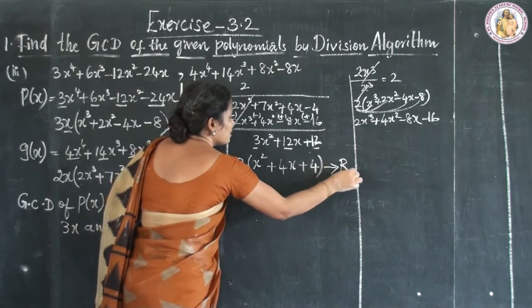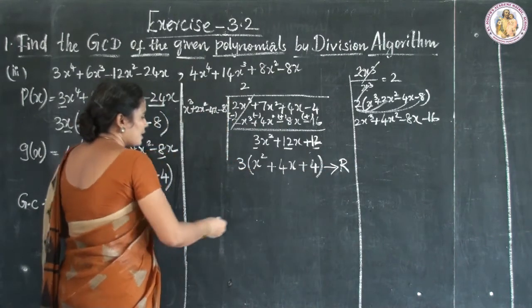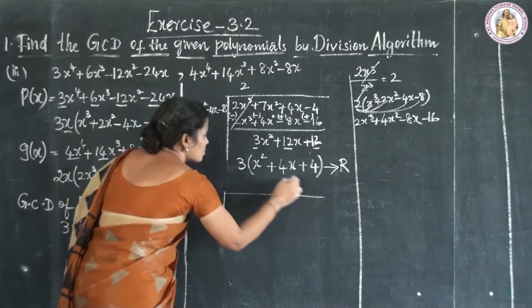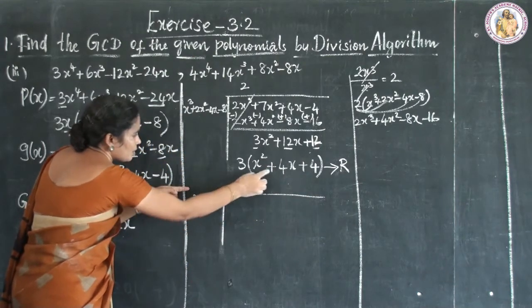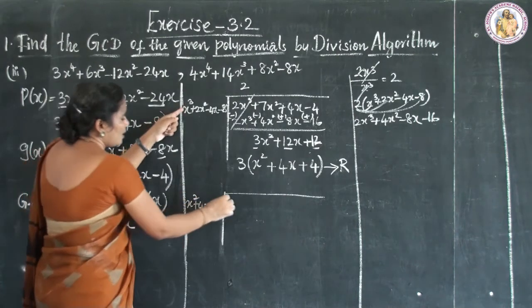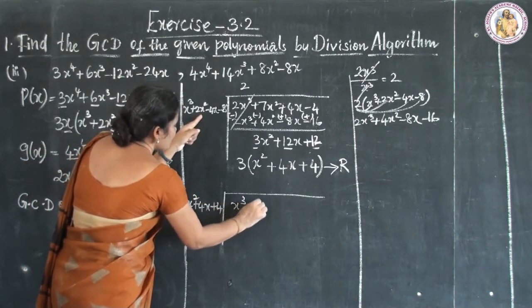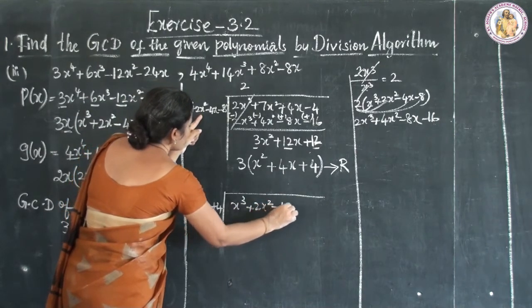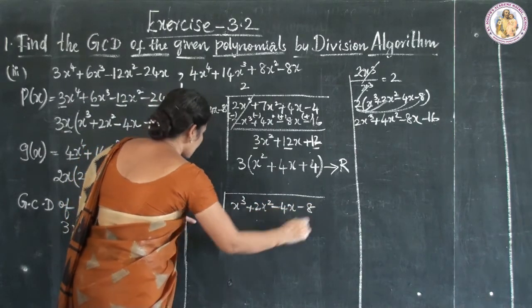So remainder, you have to continue till you get 0. So write this remainder, x square plus 4x plus 4 and x cube plus 2x square minus 4x minus 8.